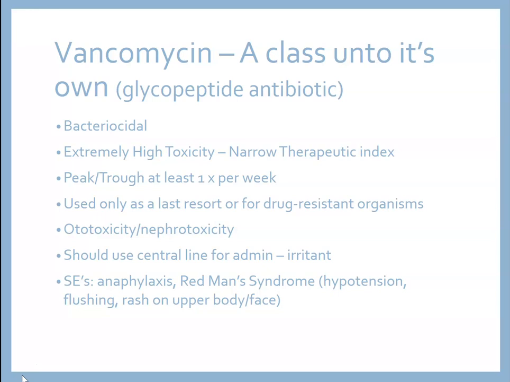And so you see it given quite a bit, especially in the adult population. It is bactericidal. It has extremely high toxicity and a very narrow therapeutic index. So again, you're going to do a peak and trough at least once a week. And again, refer to my little video for peak and trough.